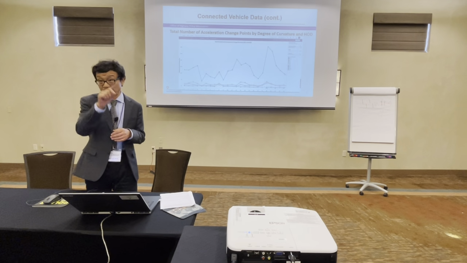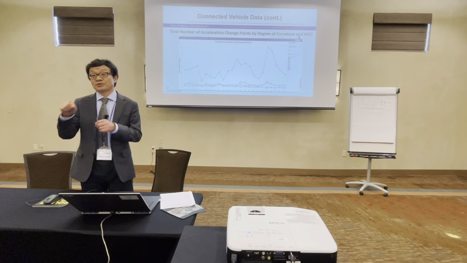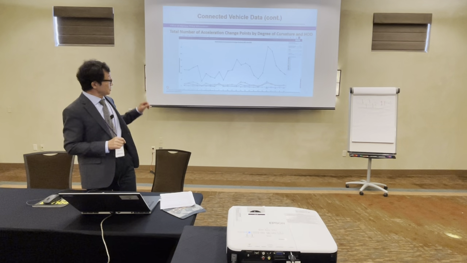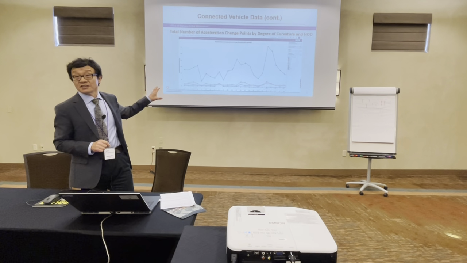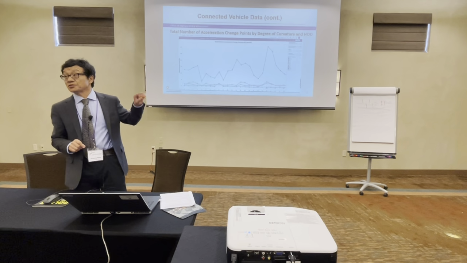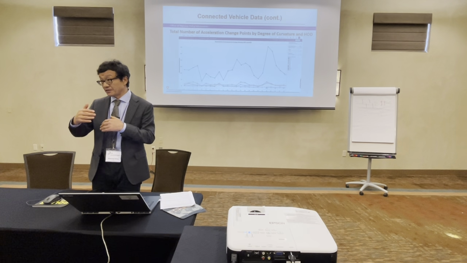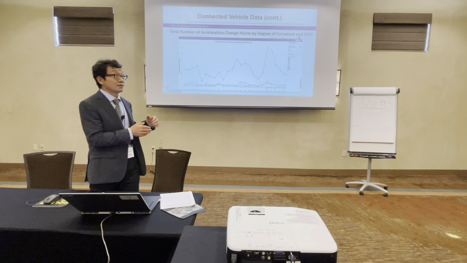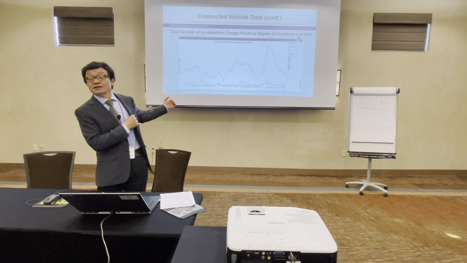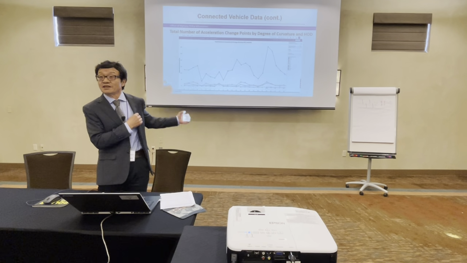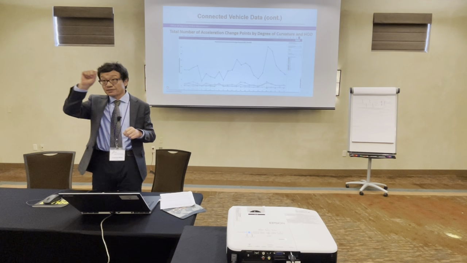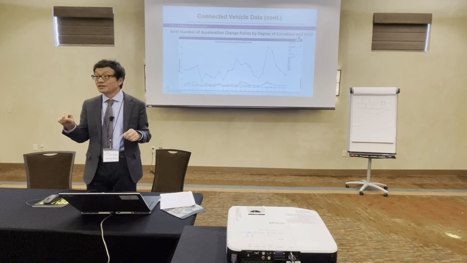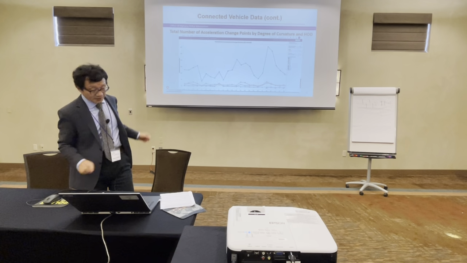It simply tells a point here and what's the speed, what's the accelerations. In order to derive this kind of analysis result, first we need to combine those CV data together with your roadway segment. For example, we're just using the NPMRDS TMC segment, conflate them, and calculate the degree of curvature of the road, and group them by different degree of curvature.